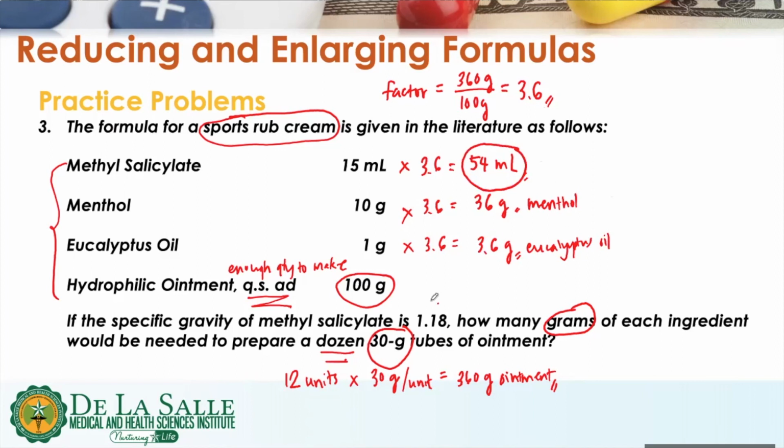And that is where the specific gravity of methyl salicylate will come into play. So remember that in converting volume to grams, we will simply multiply the volume by the specific gravity of the substance. And this will be equal to 63.72 grams, or approximately 64 grams of methyl salicylate.